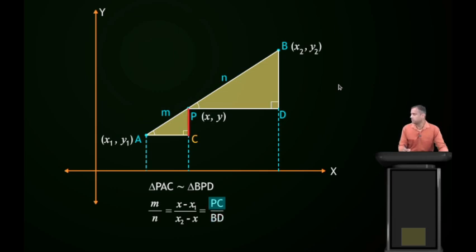Again for PC upon BD we can find PC is y minus y1 and BD is y2 minus y. Now from here we have to find the values of x and y.